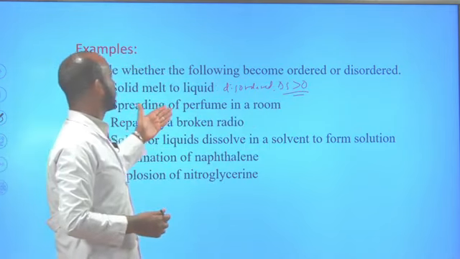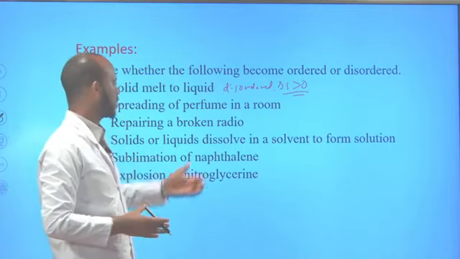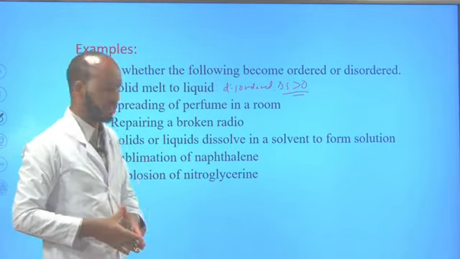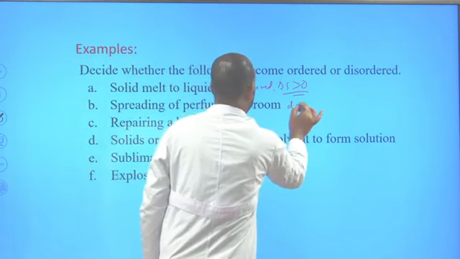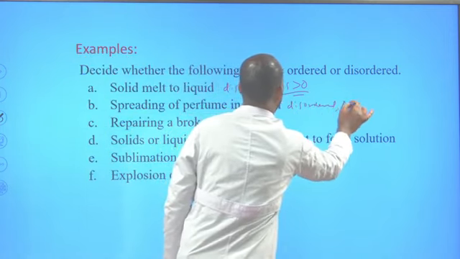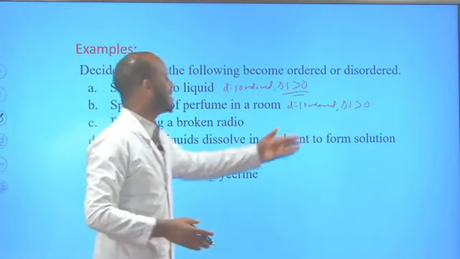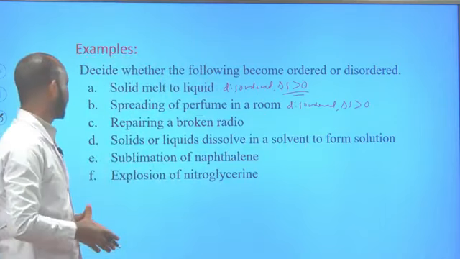B. Spreading of perfume in a room. Now this process is disordered. Delta S for this process is greater than 0. The sign of delta S is positive.